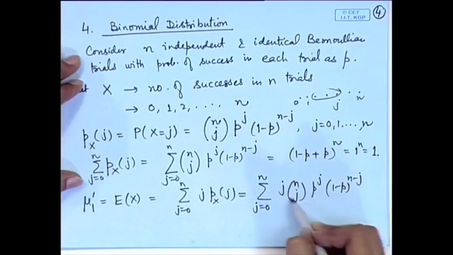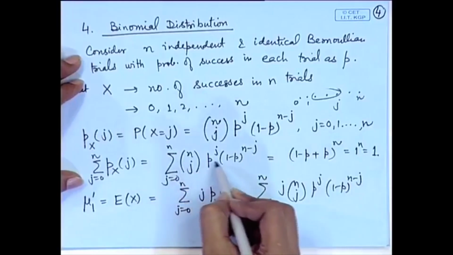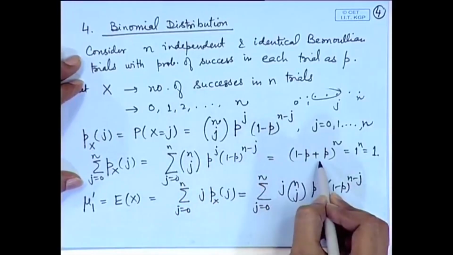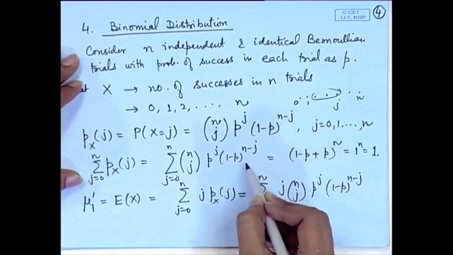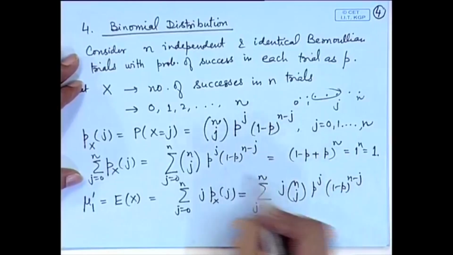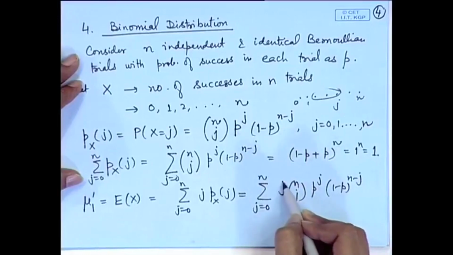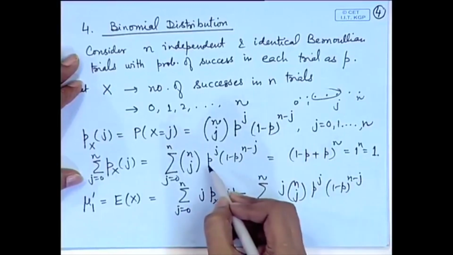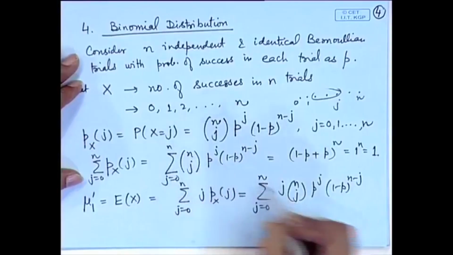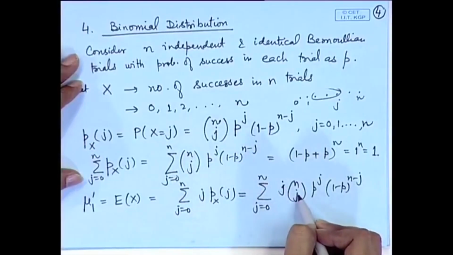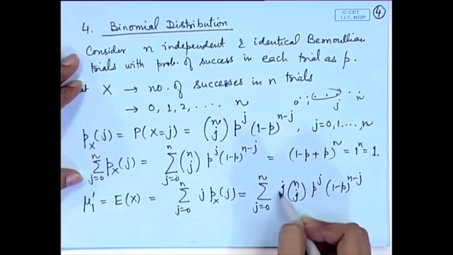Now, if we look at this sum and compare it with the sum of the distribution in the previous statement, it is required here that I should make this particular term a binomial coefficient term. Here it is j into nCj. So, somehow it has to be adjusted.